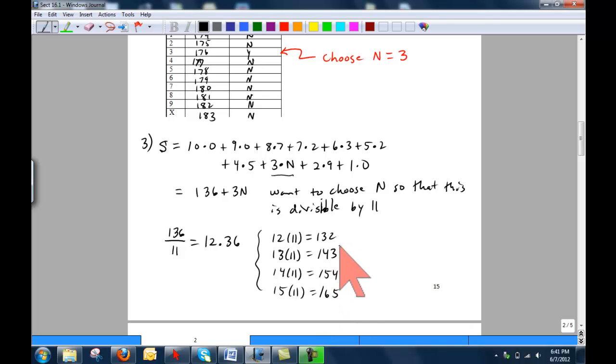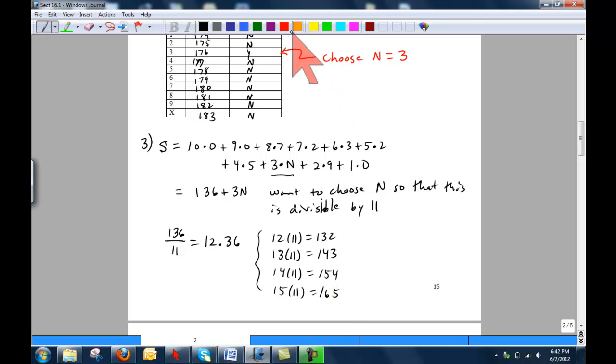Now, the question is, which of these numbers could be the sum? These are numbers that are divisible by 11. I've constructed them to be multiples of 11, so it's kind of tackling the problem the opposite direction. Here we computed the possible values for s and asked which of them are divisible by 11. Now I'm computing multiples of 11 and asking which of those could be possible values of s.